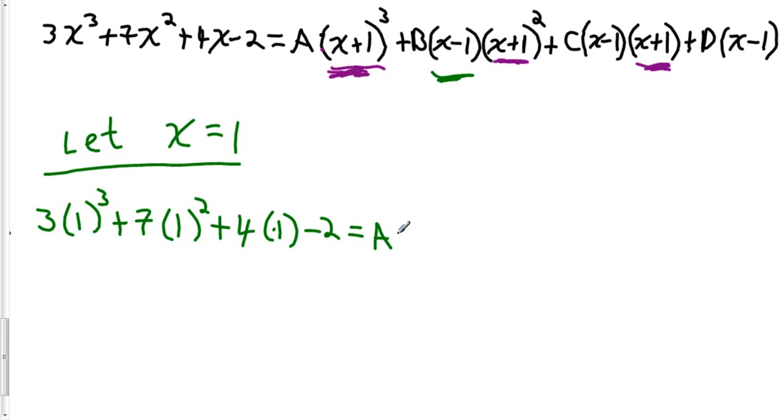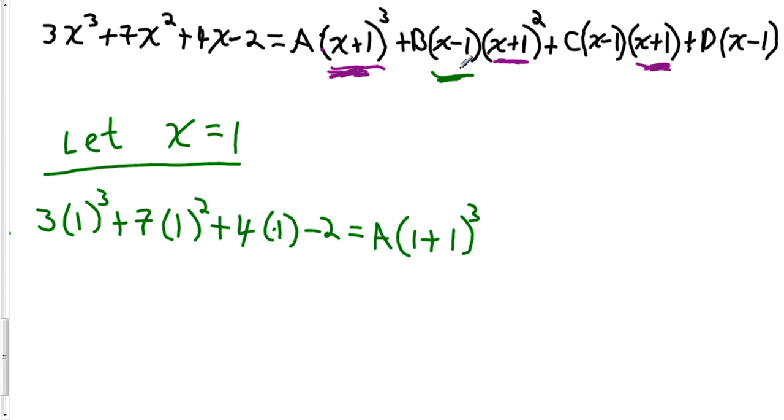a times 1 plus 1 to the third power. Now this factor here is going to become 0. So I have 1 minus 1 is 0. So this entire term would be 0 if I plugged in 1 for x.